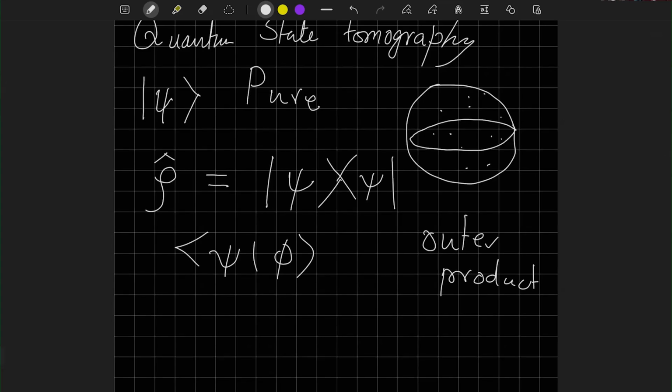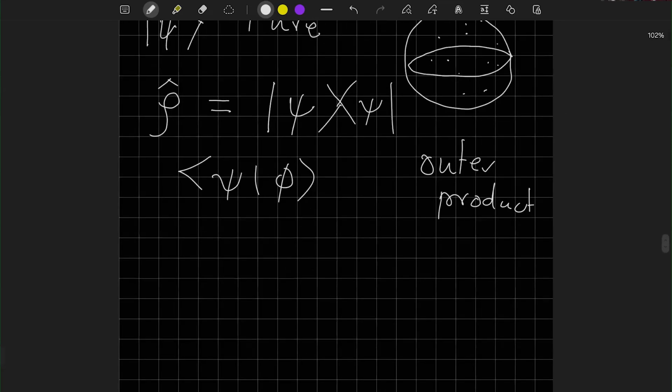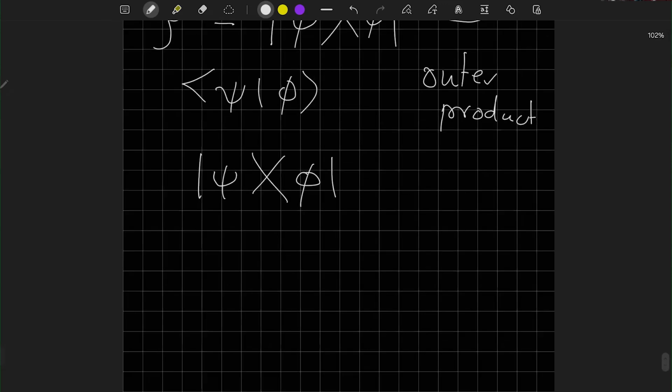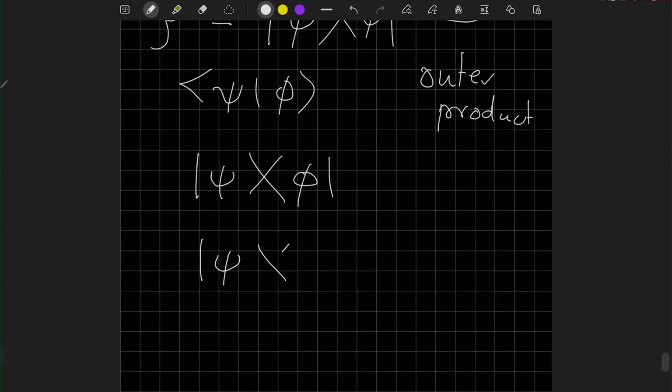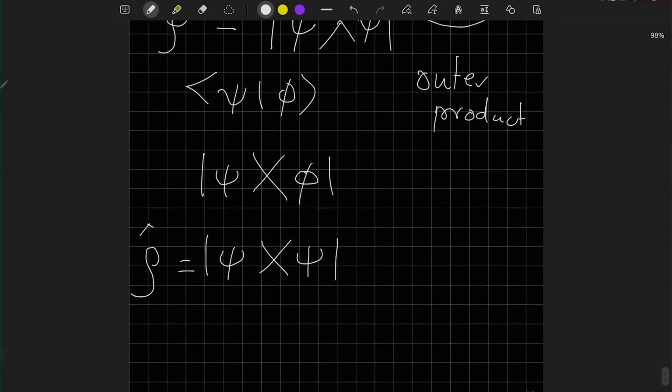However, if the ket is followed by a bra, this is called an outer product. And if the ket is followed by the bra of itself, it represents a density operator. Now let's look at an example.